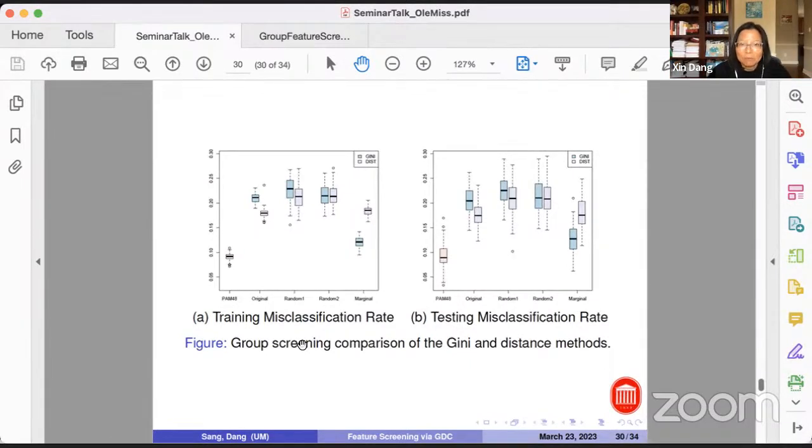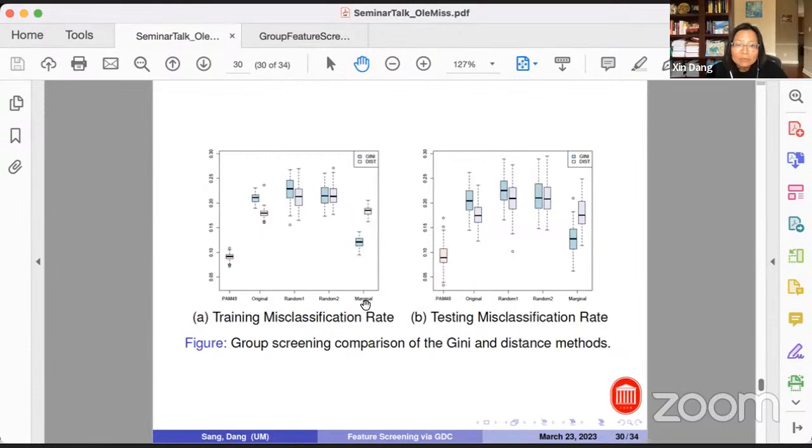For each of the selected models, PAM48 gives you the smallest misclassification error, and here this is on the test error. So PAM48 gives you the smallest one.